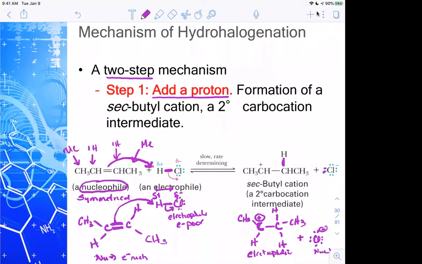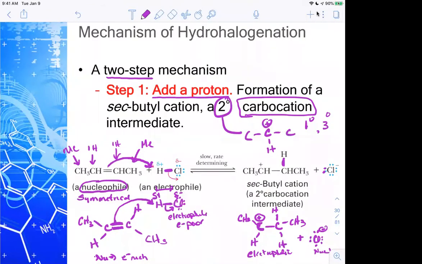So this is the first step. I form a positive carbocation. This is a secondary carbocation because the carbon that has the positive charge is attached to 2 carbon groups and a hydrogen. I can also have primary and tertiary carbocations.